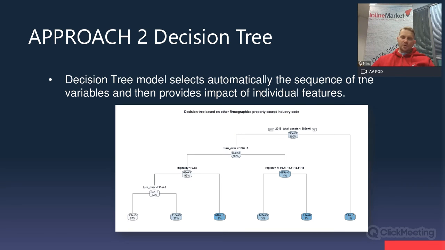So if you are in a certain industry and then you start narrowing down, and once you move on to a different variable, it tells you that if you are in this industry, then your turnover should be in this bucket.